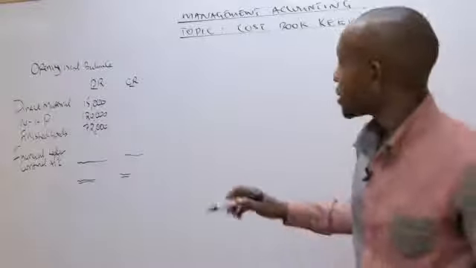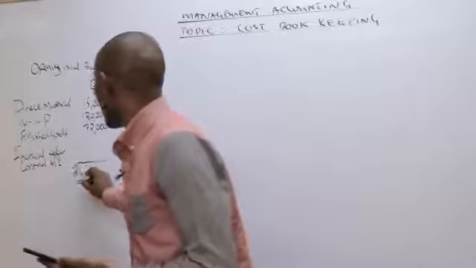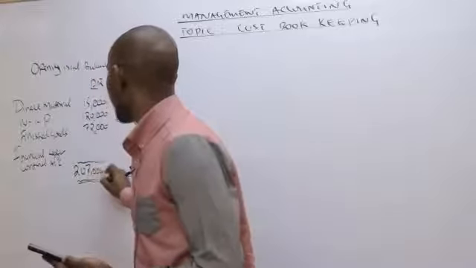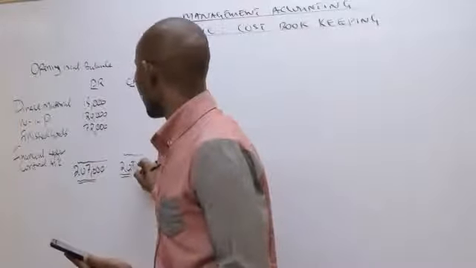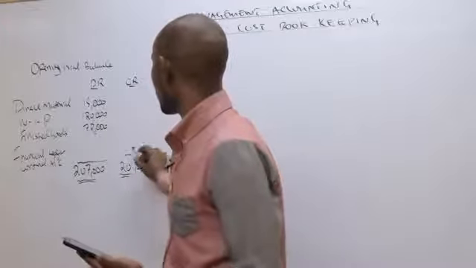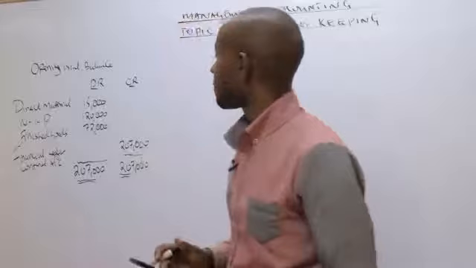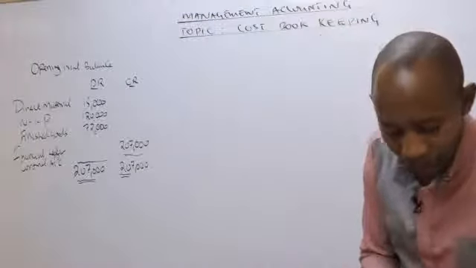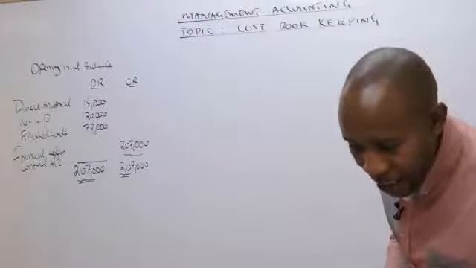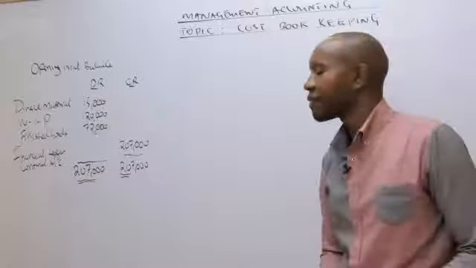What do we get? Very good. We have 207,000. So this side must also balance with 207,000, and so the financial ledger control account will have a credit balance of 207,000.